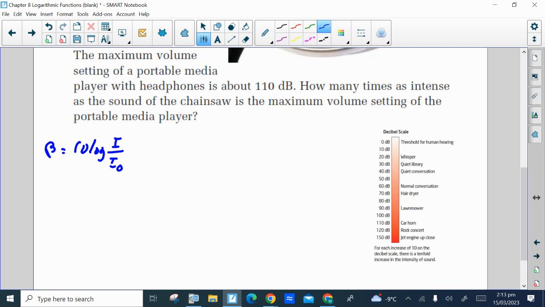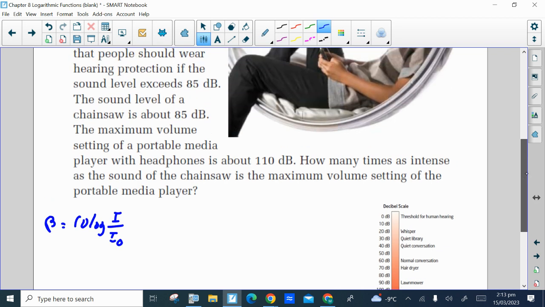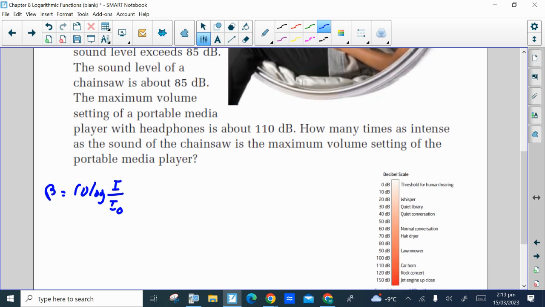Now we have 2 sounds here that we are comparing. We want to know how many times as intense as the sound of the chainsaw is the maximum volume setting of the portable media player. So those are the 2 that we're going to compare: the sound intensity of the chainsaw and the sound intensity of the media player.